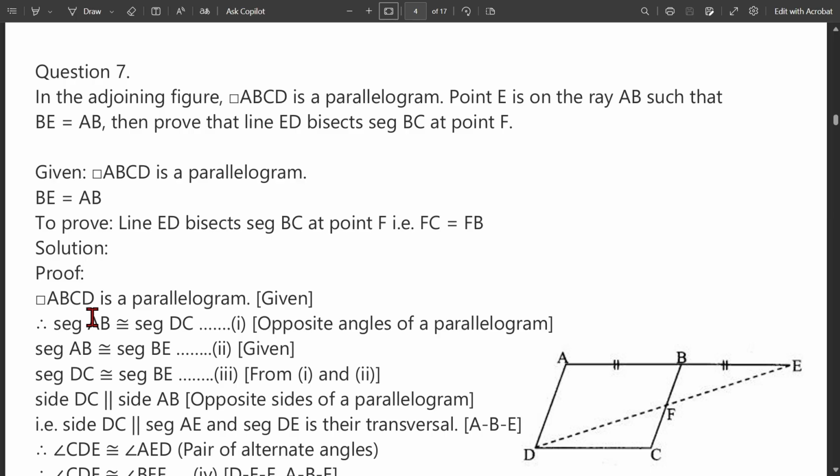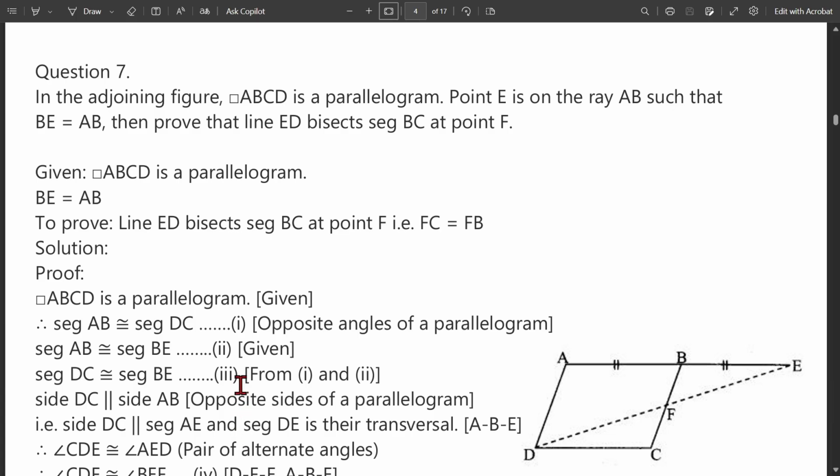Now proof: as ABCD is a parallelogram, therefore AB is congruent to DC, opposite sides. And it is given that AB equals BE. Therefore, we can say DC is congruent to BE from equations 1 and 2.